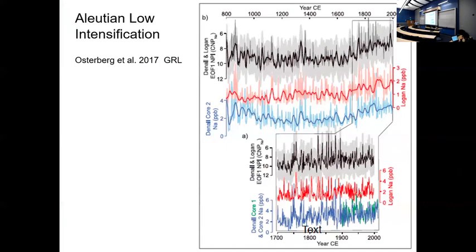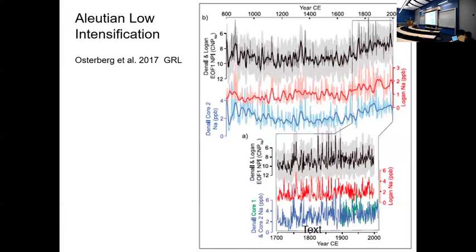The background is that if you have enhanced wind and enhanced transport, we would expect more sea salt to make it from the ocean inland into the Alaska range. And so enhanced sea salt would be a representation of an enhanced Aleutian Low, stronger circulation coming into the Denali area.